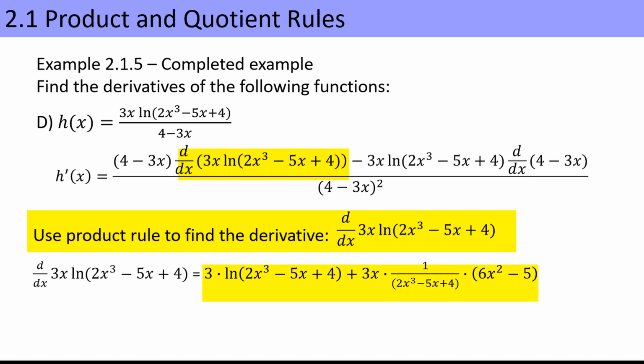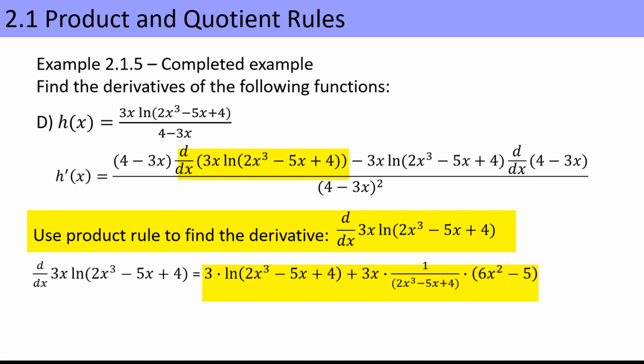So the derivative of 3x is 3 times the second function, the natural log of the quantity 2x cubed minus 5x plus 4, plus, then we'll write the first function, which is just 3x, and then we need to multiply it to the derivative of the natural log 2x cubed minus 5x plus 4.